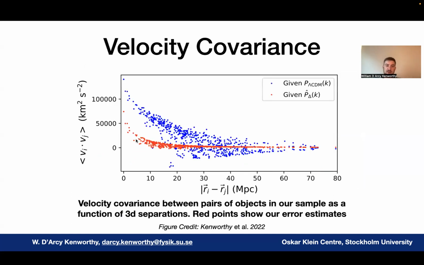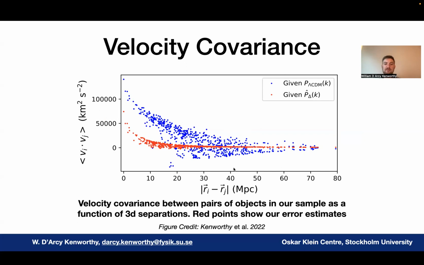This makes an enormous difference in the precision of our final measurement. When we compare the lambda CDM covariance for the pairwise covariance of objects in our sample, each point on this plot is a pair of Cepheid galaxies where we've calculated the expected covariance between them as a function of their separation in 3 dimensions.